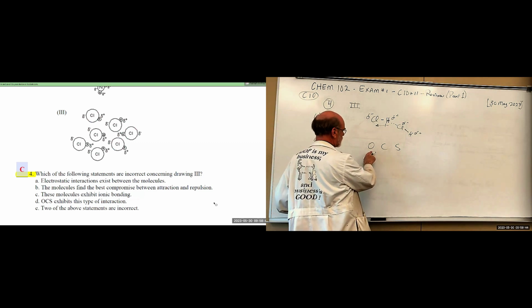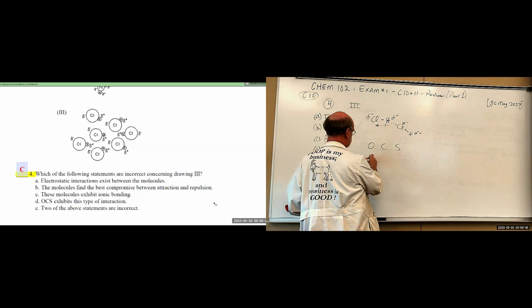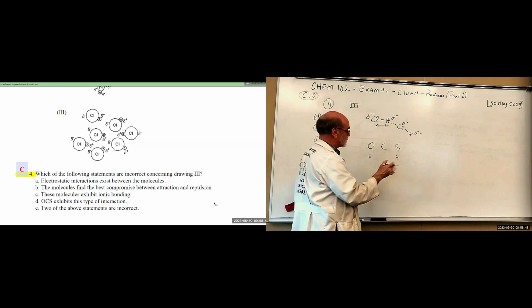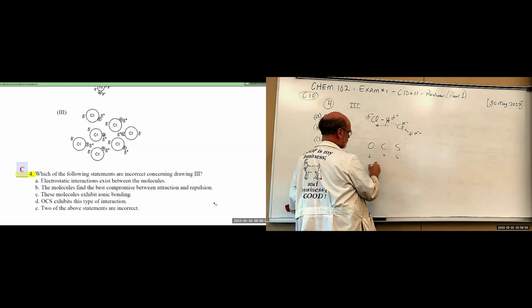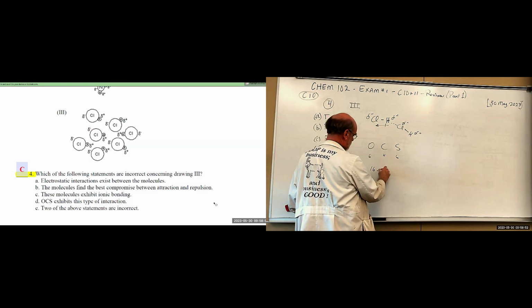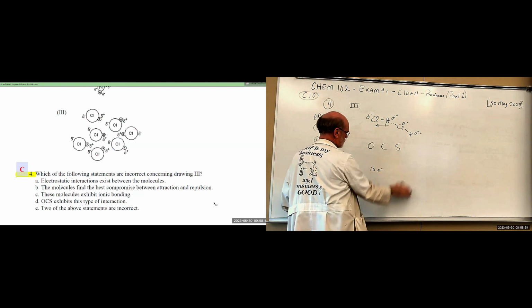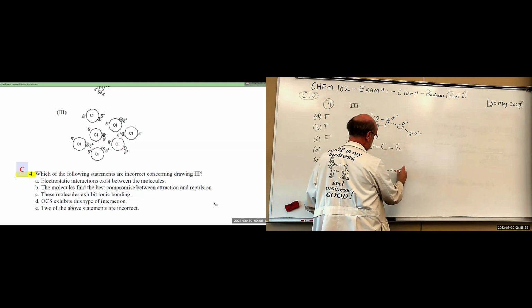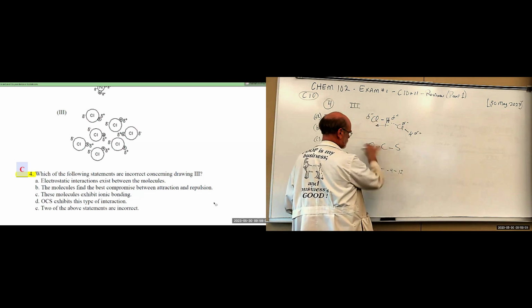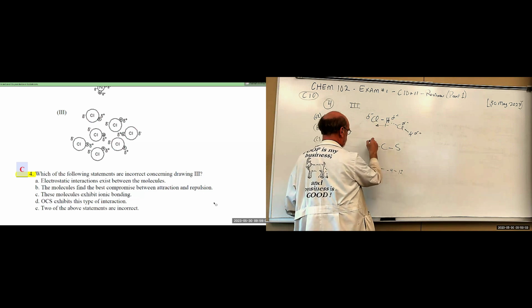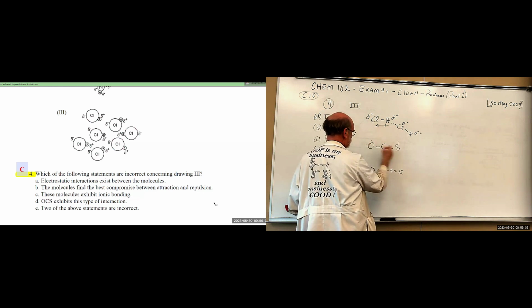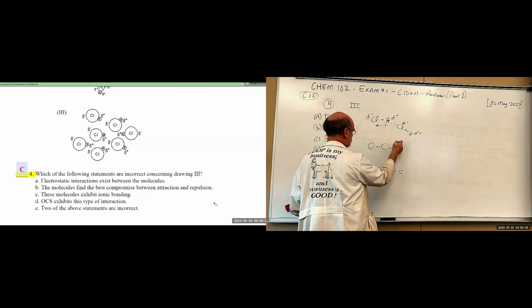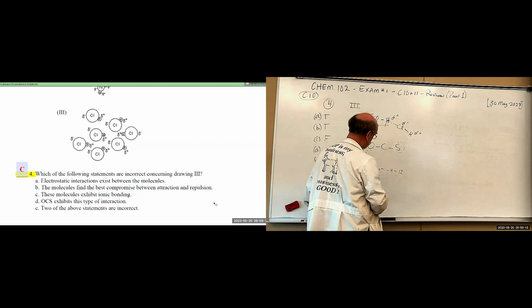Well, let's see, oxygen 6, carbon 4, sulfur 6 valence electrons. So that's 16 electrons. Two, four, we have 12 left over. Let's start from the outside and work our way in. 1, 2, 3, 4, 5, 6, 7, 8, 9, 10, 11, 12.